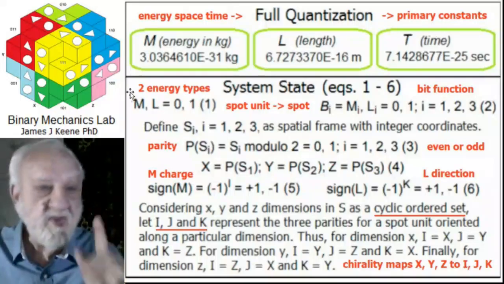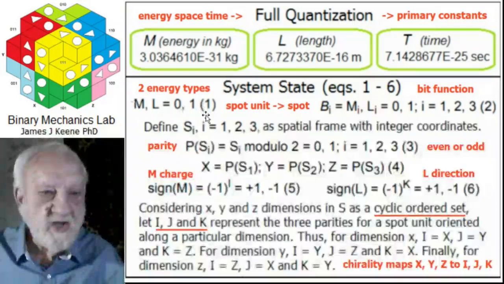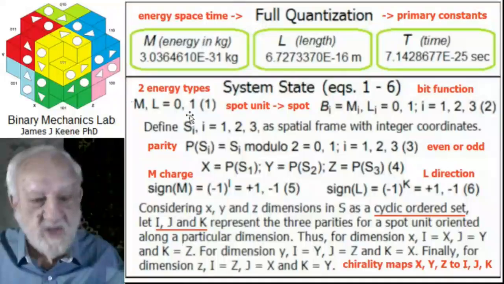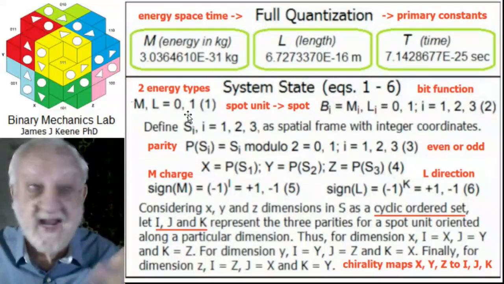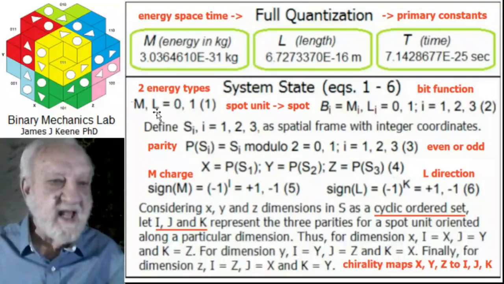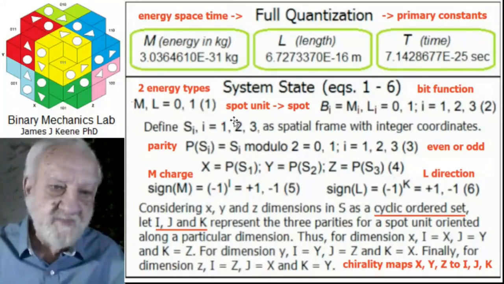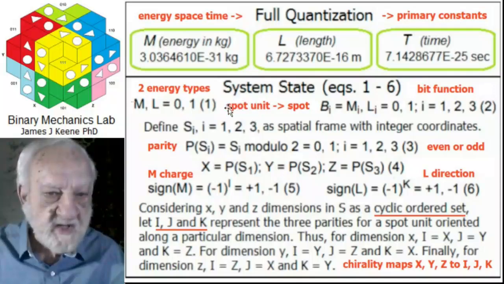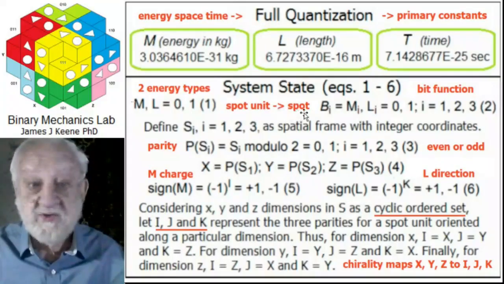We have our 2 energy types in equation 1, which is actually 2 equations which we saw on the last slide. M equals 0 or 1, and L equals 0 or 1. Now that was the spot unit. We combine 3 of those to make a spot.